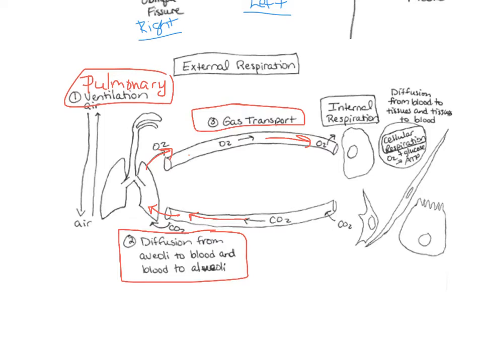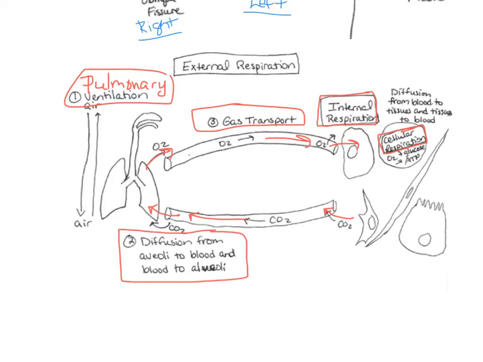Then when we get to the tissues, we have internal respiration. Internal respiration is how we get the oxygen to diffuse into the tissues, and how we get carbon dioxide to diffuse into the blood from the tissues. Then in chapter 25, when we get to metabolism, we're going to talk about cellular respiration, which is what the cell does with that oxygen.